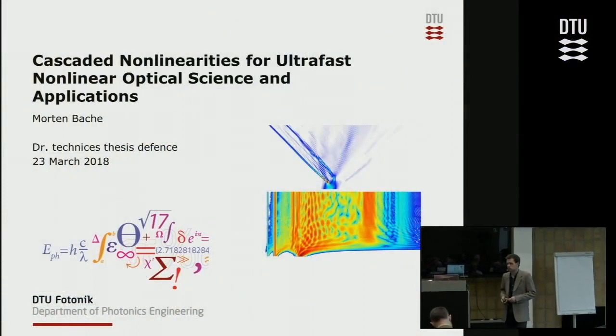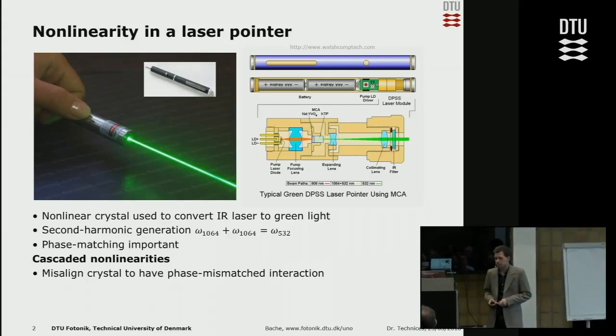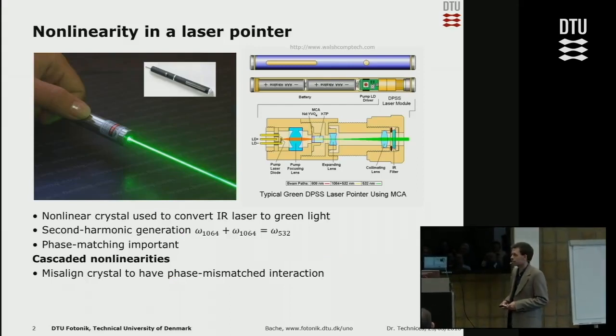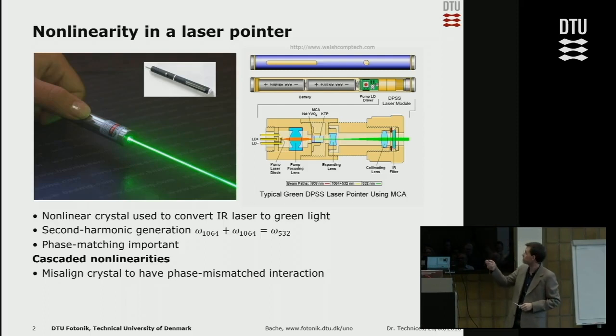To grasp what we are talking about, I wanted to show you a nonlinearity that we take somehow for granted every day, namely this green laser pointer here. Notice that this green laser pointer is much bigger than the red laser pointer that I have here in my hand.